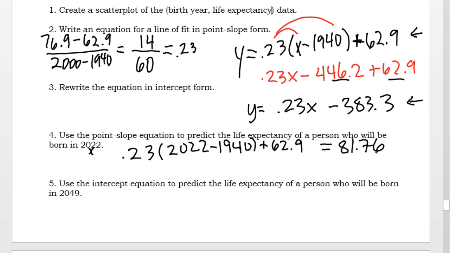Use the intercept equation to predict the life expectancy of a person who will be born in 2049. So again, we can use either equation. This direction tells us to use the intercept one. We will set the equation equal to 2049 by subbing that in for our y value. And then we can solve that by reversing our order of operations.